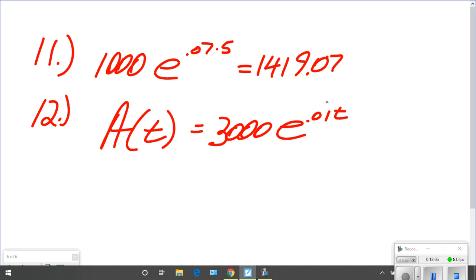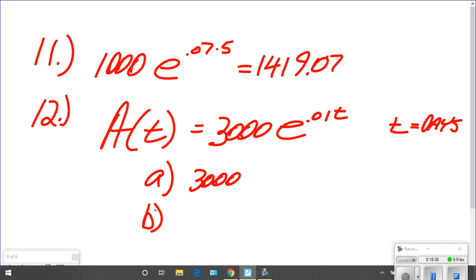Yes, T is in days. Okay. So then it says, how many ladybugs are present right now? Well, question A is 3,000. Okay, because right now would be times 0, so, you know. Oh, sorry, the starting amount. My bad. And then question B, how many is there going to be after a week?